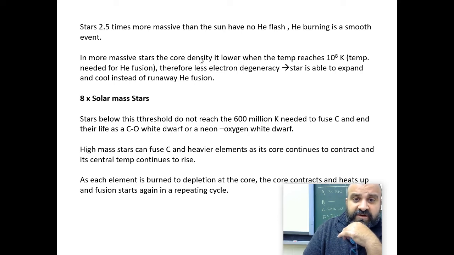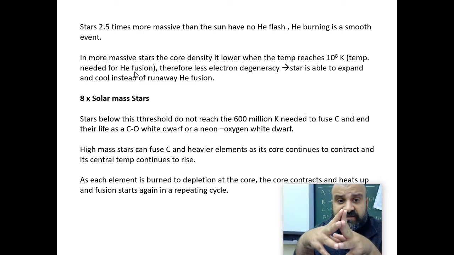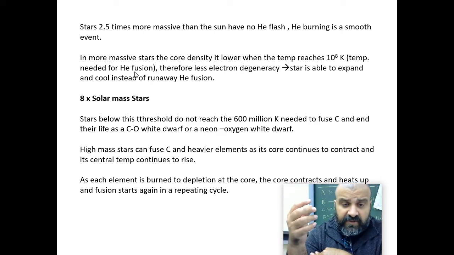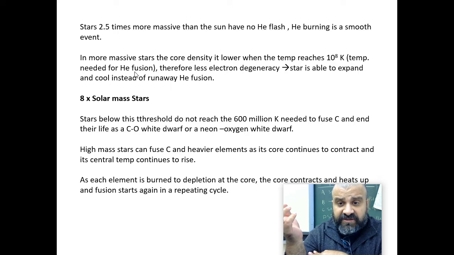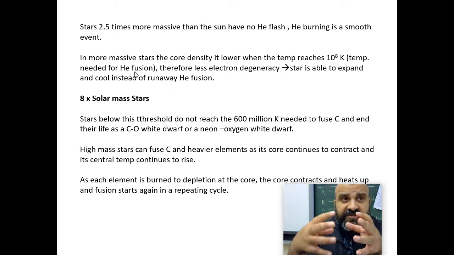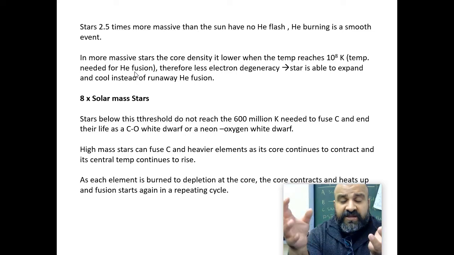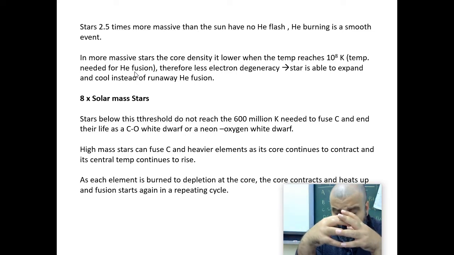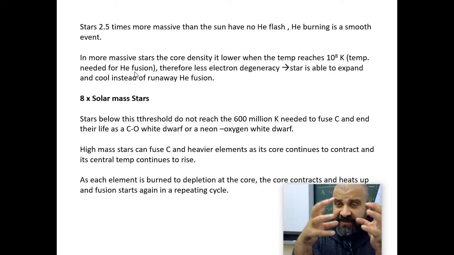In more massive stars, the core density is lower when the temperature reaches 10^8 Kelvin, the temperature for helium fusion. So their core is less dense, so there's less electron degeneracy. In the original sun-sized star, when we had the electron degeneracy happen, that helium core didn't expand with heat.